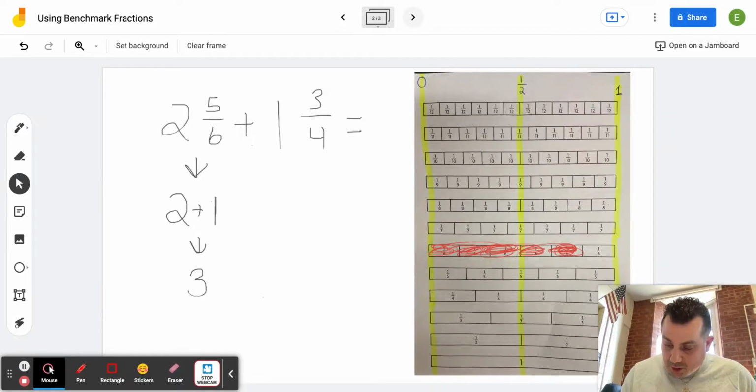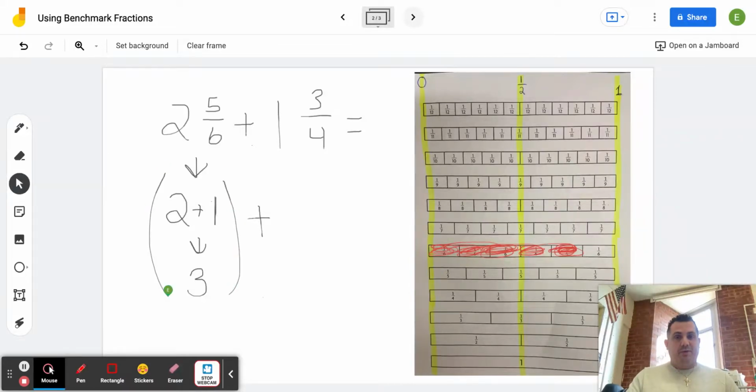All right. And we're going to add that to, I'm going to put this all in a giant parenthesis because you know that's all together, 1 and 3/4. Now 1 and 3/4, we have the same thing. We have a whole and we have a fraction.